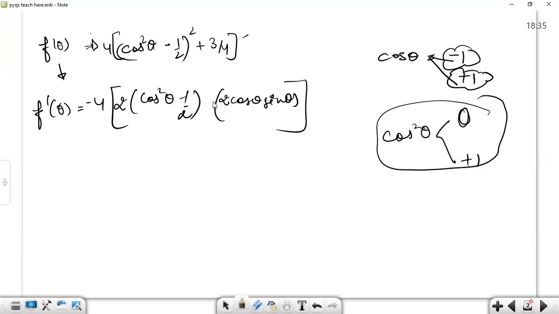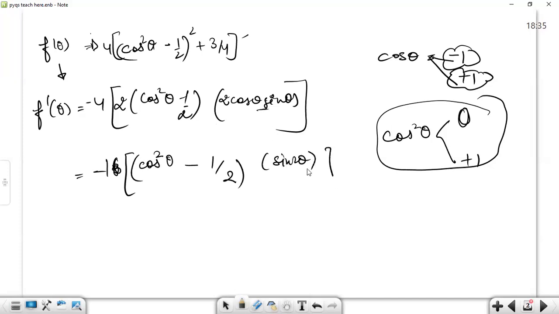So there are 2 and 2, so let's bring -8, because 2 into 2 becomes 4, and 4 into 4 further becomes 16, into cos square theta minus 1 by 2 into this is sine 2 theta.